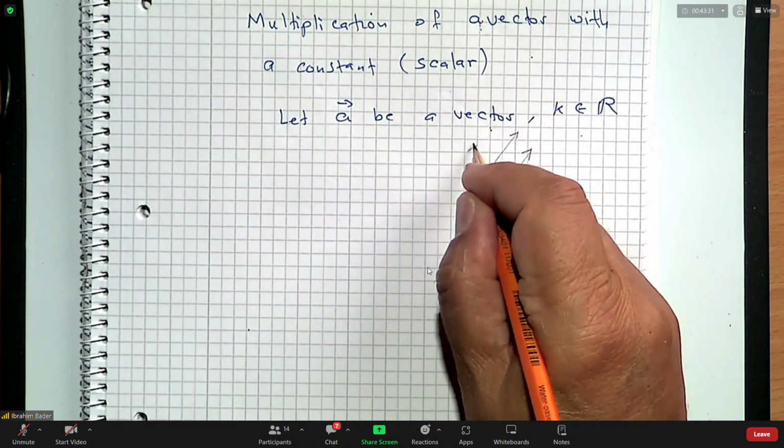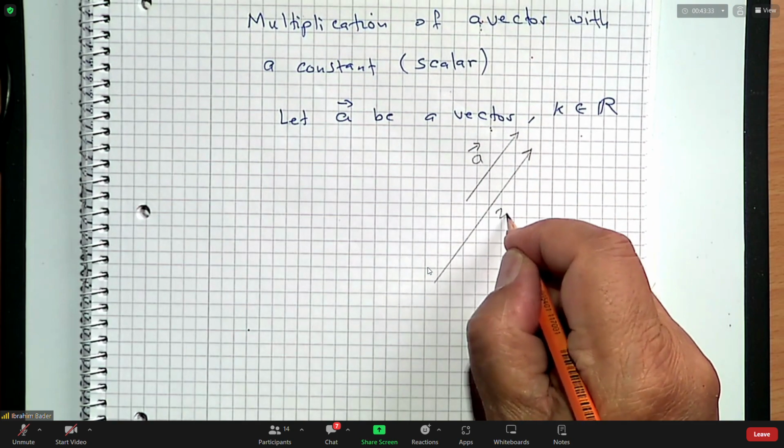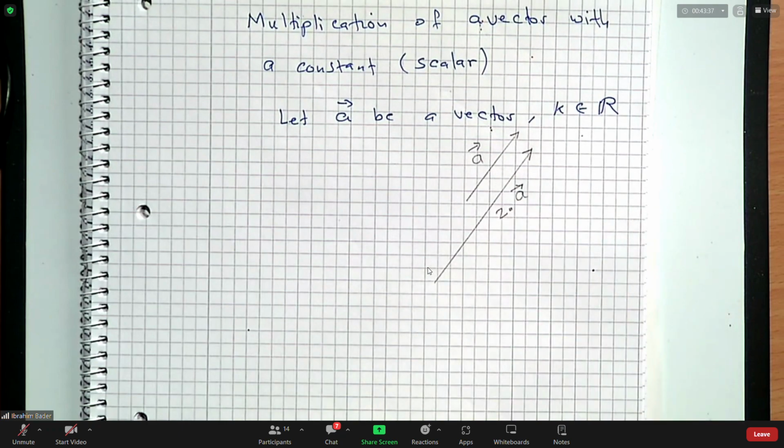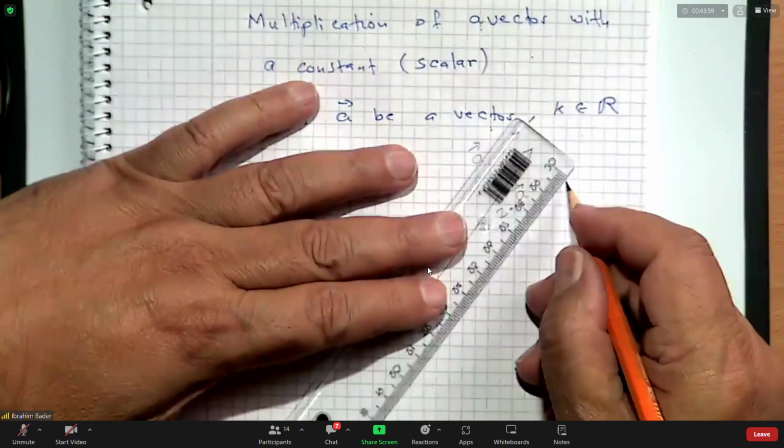So if this is vector A, 2 times vector A is just a vector with the same direction, but double magnitude.